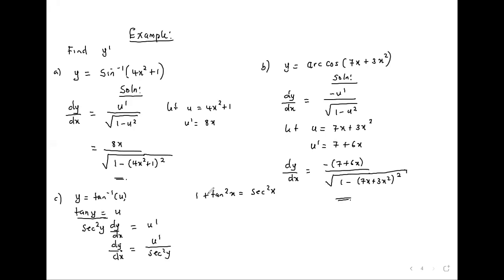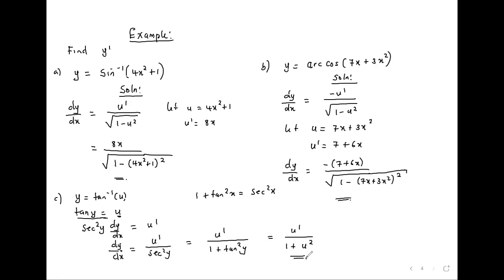So since we have sec squared y here, then we're going to write u prime over 1 plus tan squared y. But tan y is what we have called u. So we'll have u prime over 1 plus u squared.